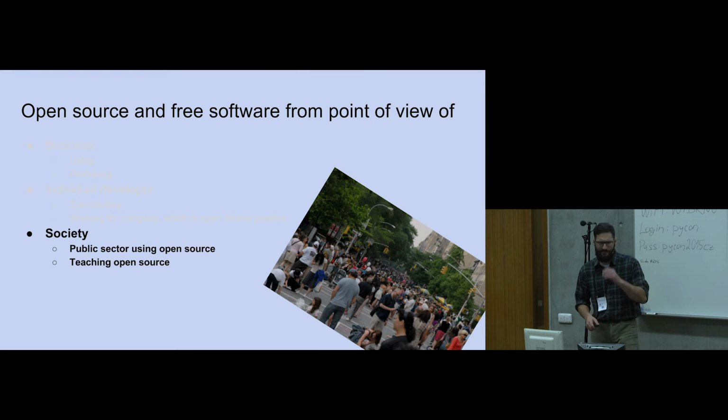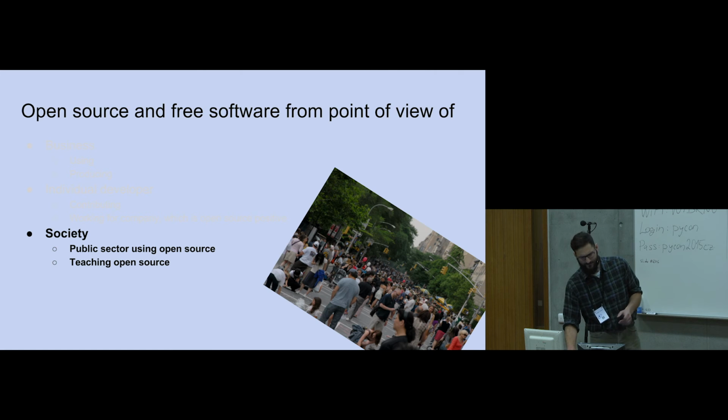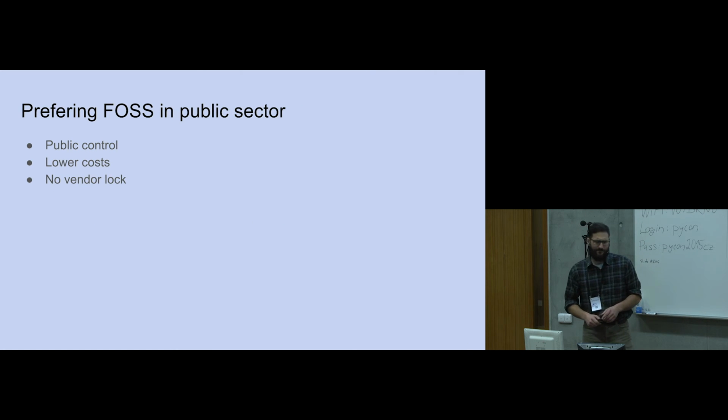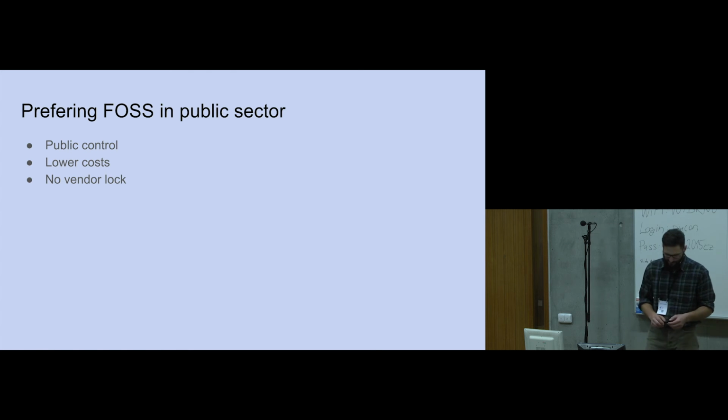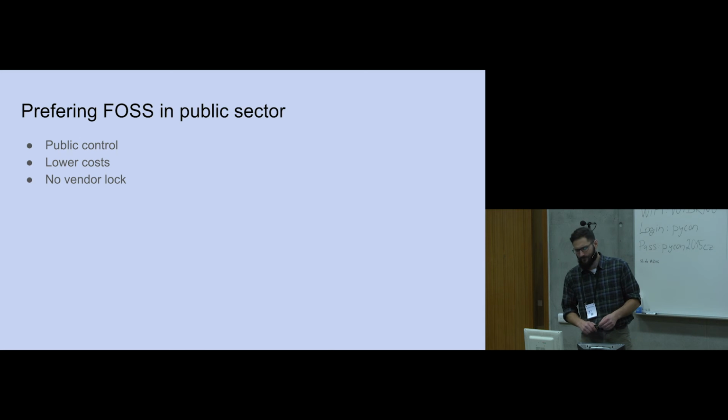Okay, last topic. From the point of view of society, education and the public sector. Just very short. I believe that preferring free and open source should be enforced by law, particularly in the Czech Republic, to be used in public administration.